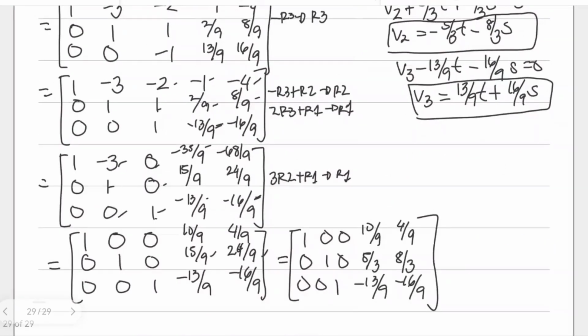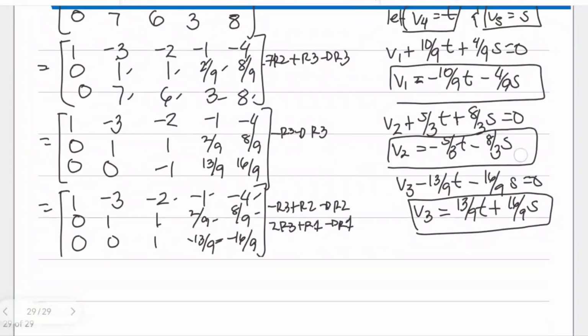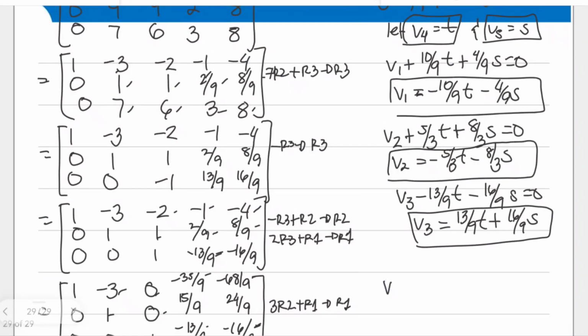But we're almost there. We're almost done. This would mean that our vector V, comprising V sub 1 until V sub 5, will have this form.